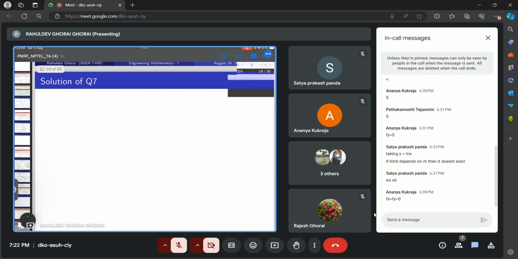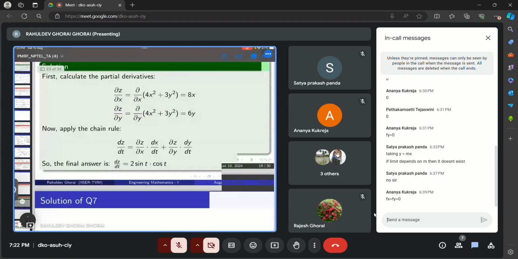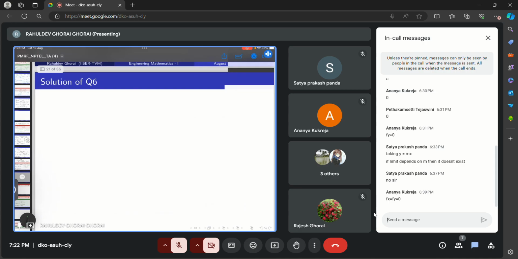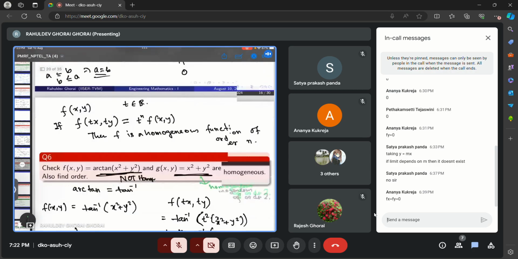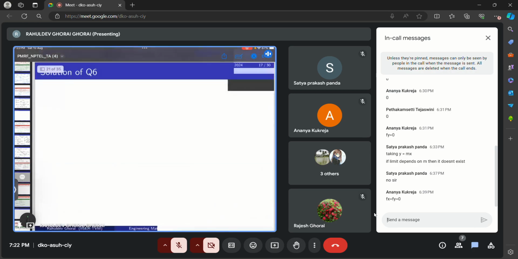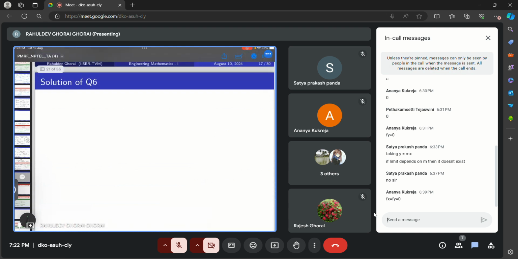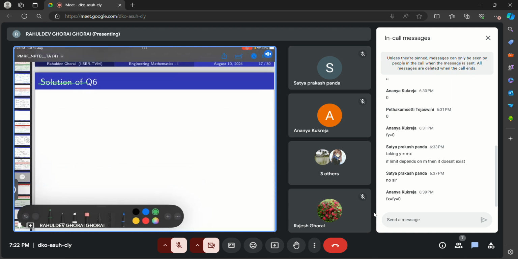I think there are questions. See the nice property of the homogeneous function I will show. This is not the solution of question 6 or anything; the solution of question 6 we did already, so I'll just erase this.